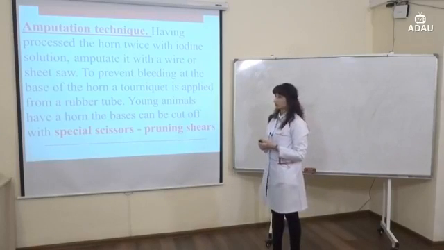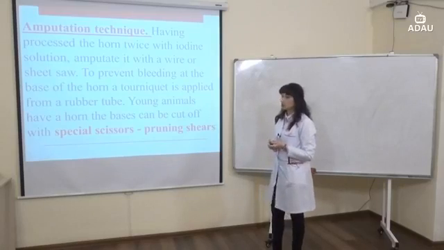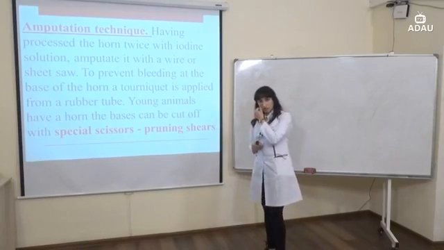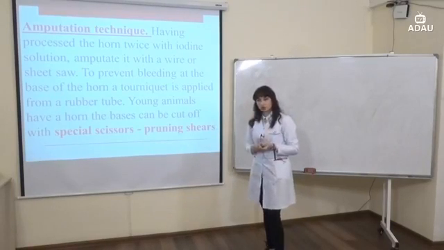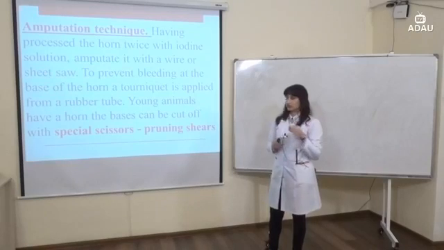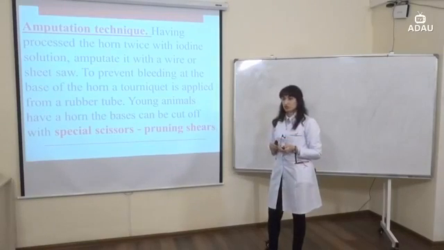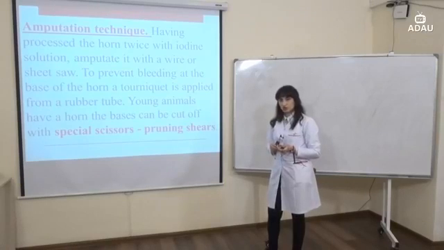We use a special sheet saw, or we can use a wire saw, needle holders, needles, and threads. After removing the horns we should apply sutures, loop-shaped sutures, or we can use knotted sutures.